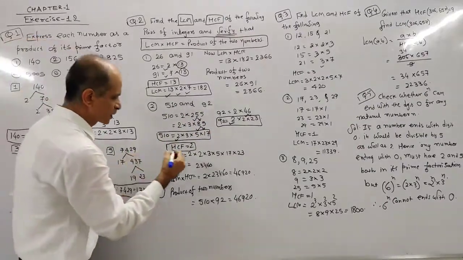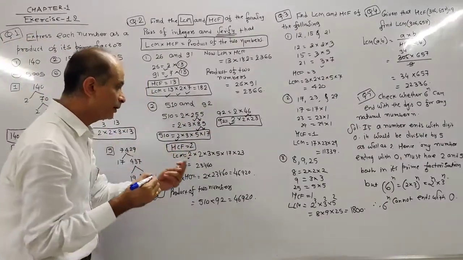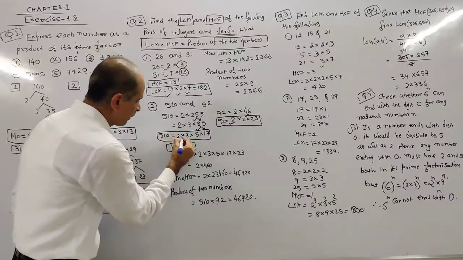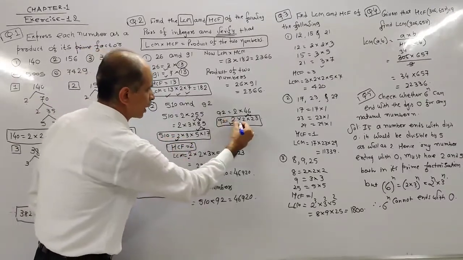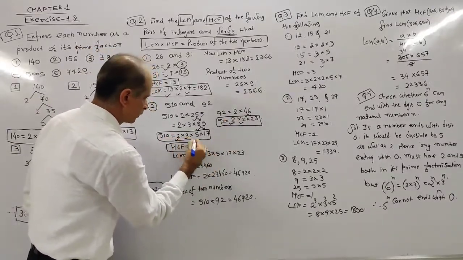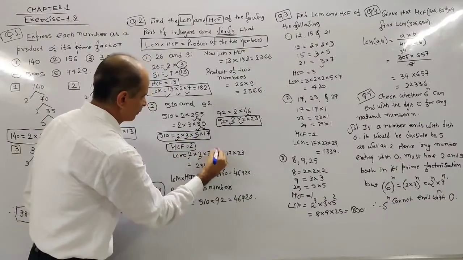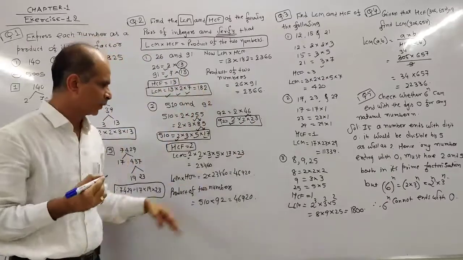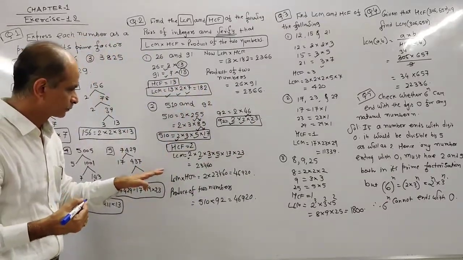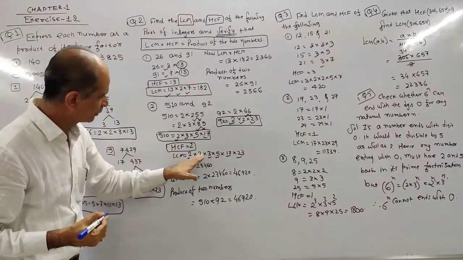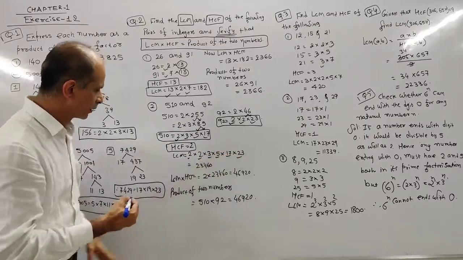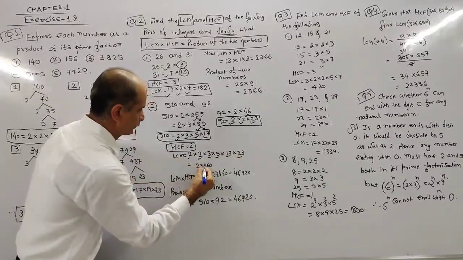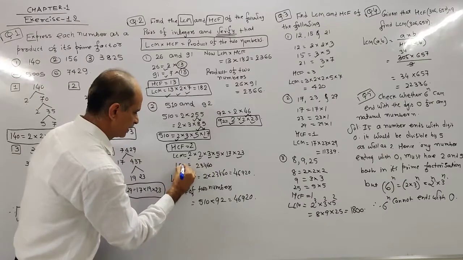Now LCM: first of all you have to write the common thing, then you have to write the remaining things. The remaining from this is again 2. So 2, 3, 5, 17, and the remaining things are 2 and 23. Now multiply these: 2 into 2 into 3 into 5 into 17 and 23, you get 23,460, and that is your LCM.